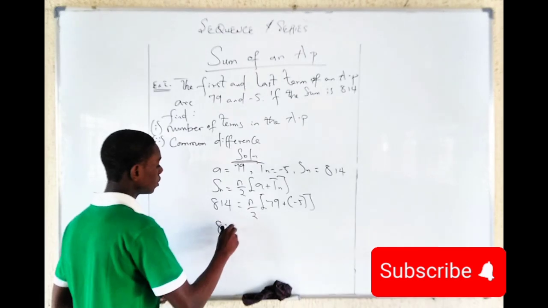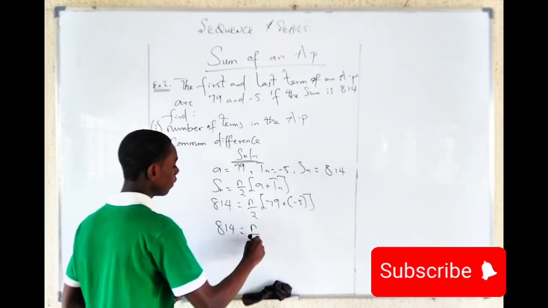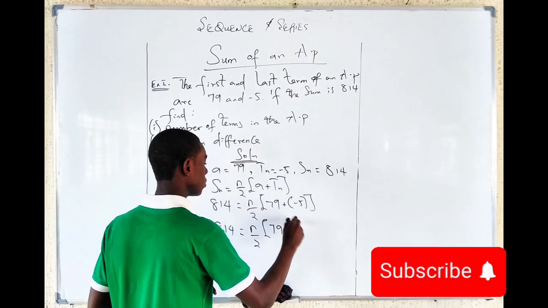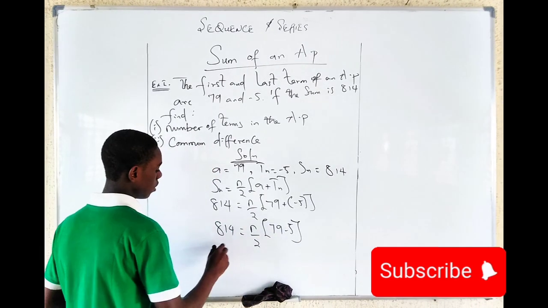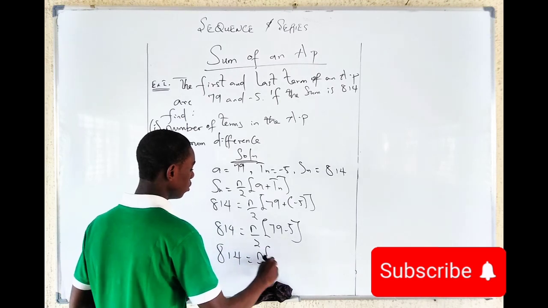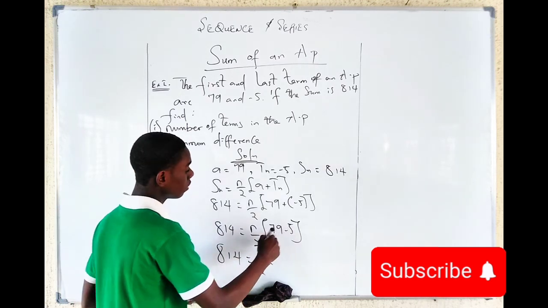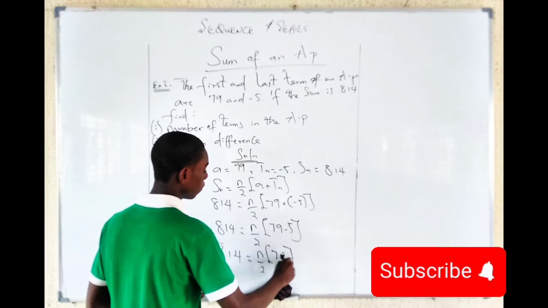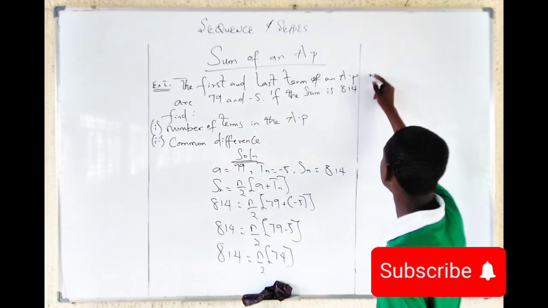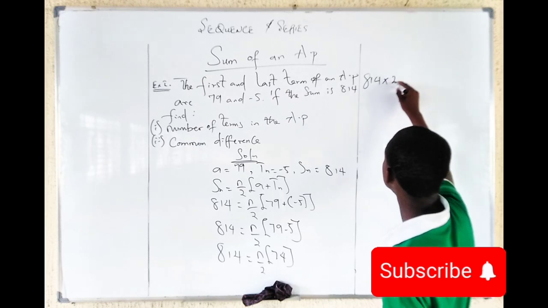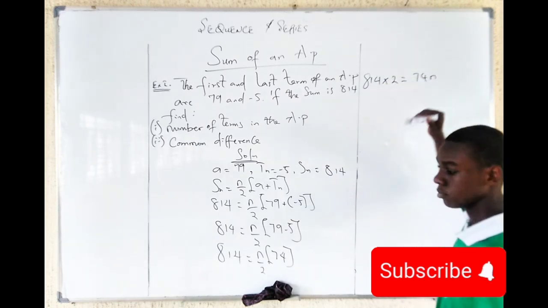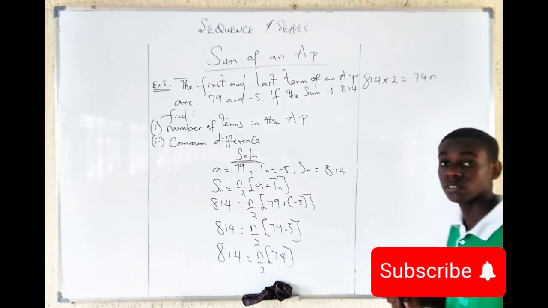So 814 will be equal to n over 2 into 79 minus 5, which is 74. So from here we cross multiply. 814 times 2 will be equal to 74n, because n times 74 is 74n.